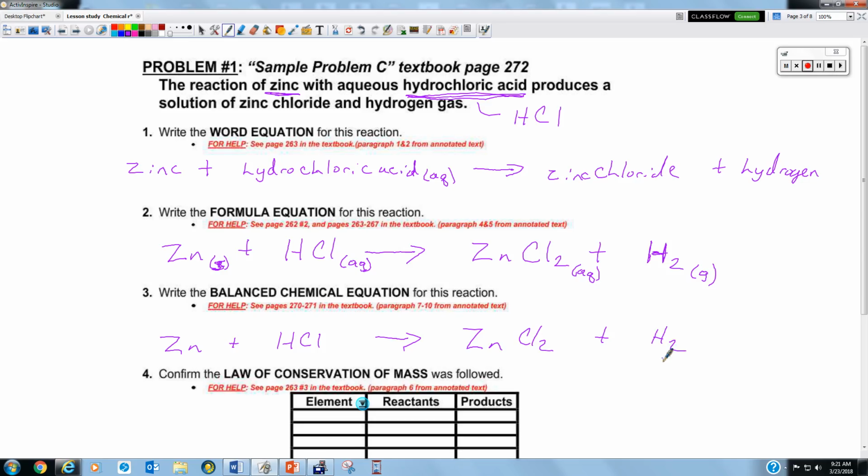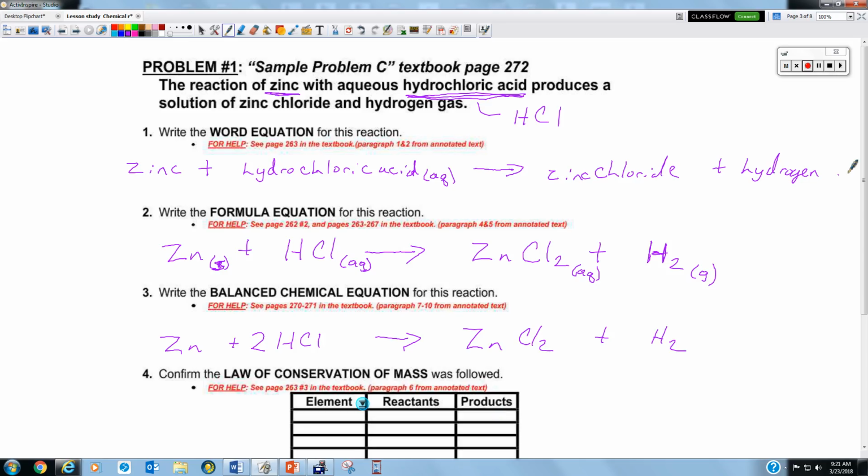All right. In order to balance this one, what do I need to do? All right. So zinc right now is balanced. Hydrogen is not, so I have 2 hydrogens on the product side. I need 2 here, so I'm going to put 2 there. When I do that, it gives me 2 chlorines. So do I need to do any more of this one?